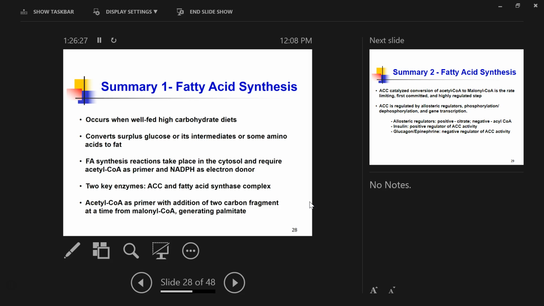And the second complex is the fatty acid synthase, which goes through cycles, and each cycle adds 2 carbons. The carbon donor is malonyl-CoA, and NADPH is the proton donor.